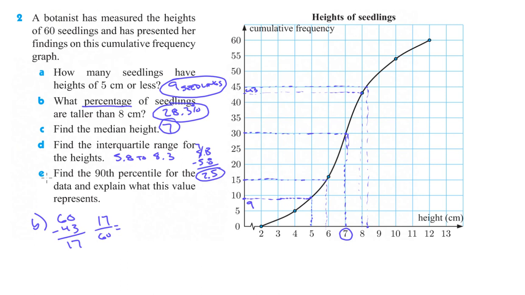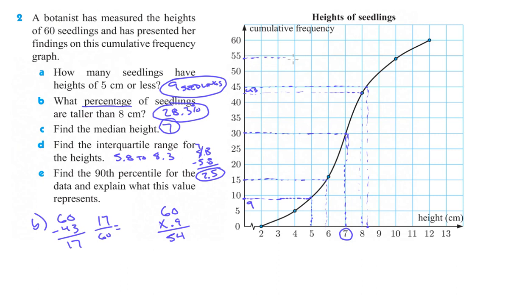But for E, it says find the 90th percentile for the data and explain what this value represents. We've got 60 total times 0.9 will give us the 90th percentile, which is 54. 9 times 6 is 54. 54 is going to be about right here.